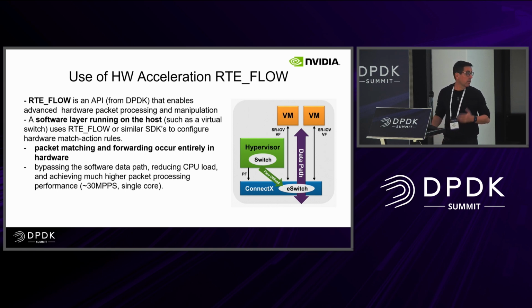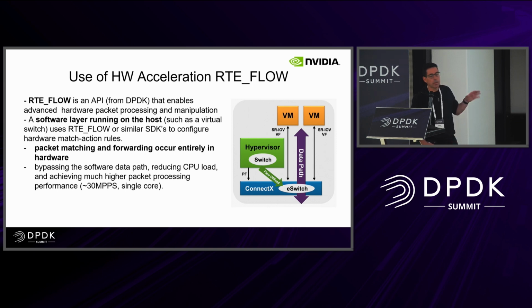For example, if it's Suricata, it does packet inspection. If it's OVS, it decides according to OpenFlow what to do in order to direct the packet to the right place. Then you can configure the hardware, and from that point all the following packets of the logical flow will go through the same match and action pattern, and you can get a very high rate.